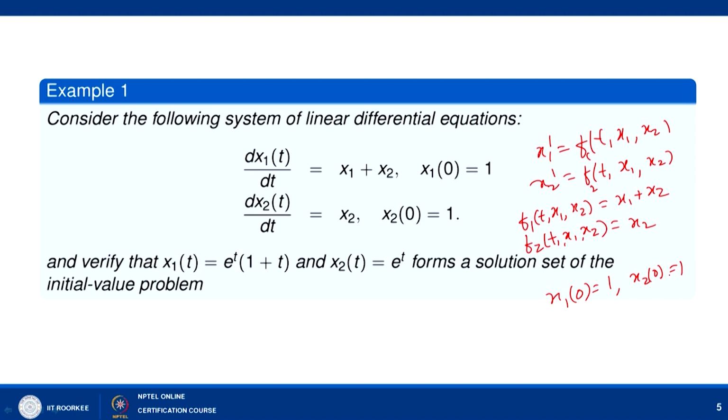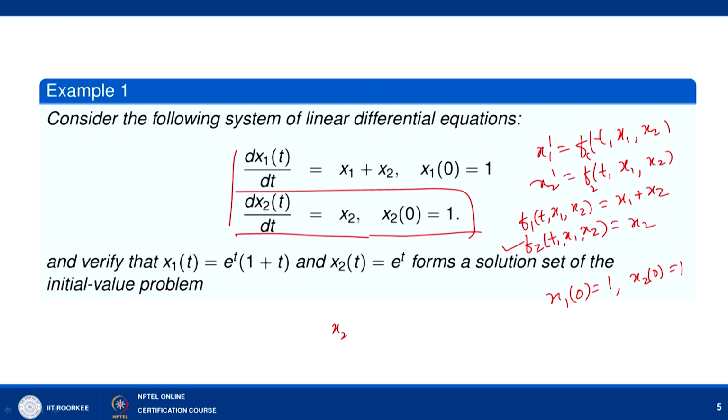Now, if you look at the second equation, dx2/dt = x2, the function f2 does not depend on the variable x1, so we can easily solve this linear equation dx2/dt = x2 with x2(0) = 1.